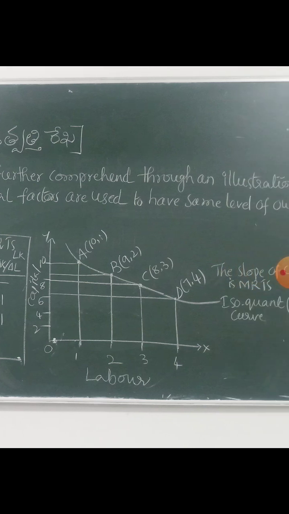Now the diagrammatic explanation: on the x-axis labor, on the y-axis capital, 2, 4, 6, 8, 10. So 1 comma 10, 2 comma 9, 3 comma 8, 4 comma 7 are the combinations A, B, C, D. We get a curve convex to the origin.